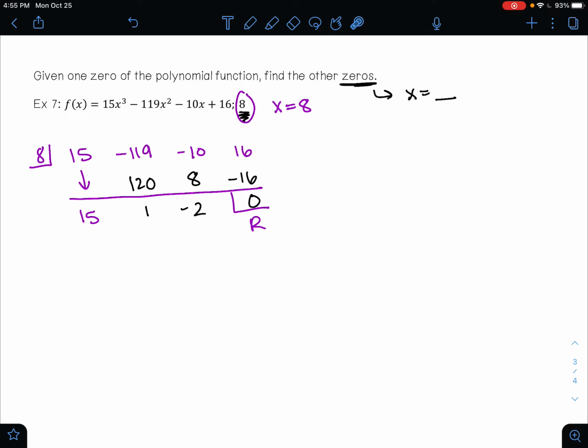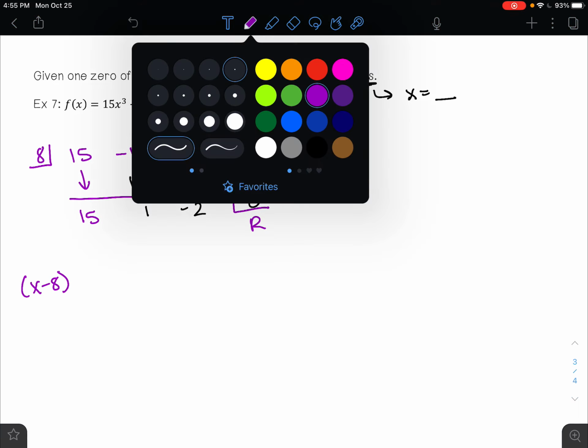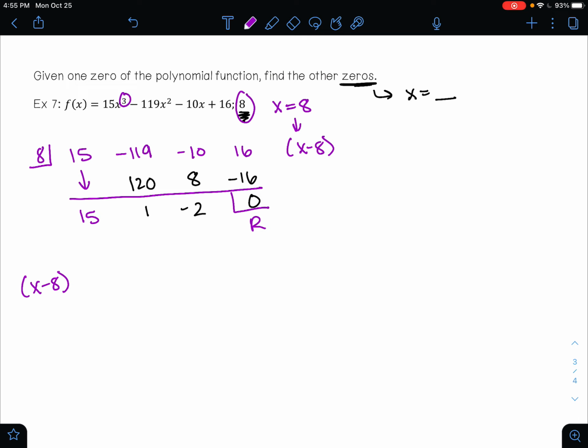So right now, what do I know? I know that x equals 8 is a solution. Well, if x equals 8 is a solution, then that means I had the factor of x minus 8 to begin with. Down here, I'm beginning with x cubed, so this is going to be x squared, x to the first, and x to the 0th power.